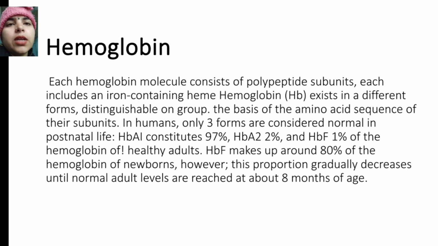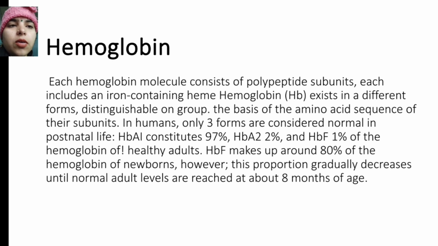Hemoglobin. Each hemoglobin molecule consists of polypeptide subunits. Each includes an iron-containing heme group. Hemoglobin exists in different forms, distinguishable on the basis of the amino acid sequence of their subunits.